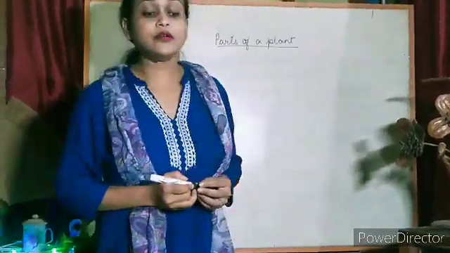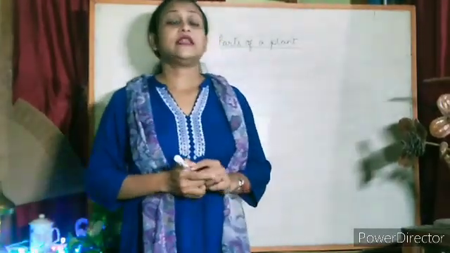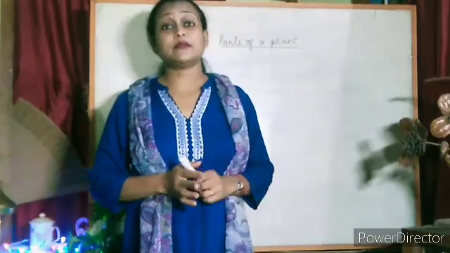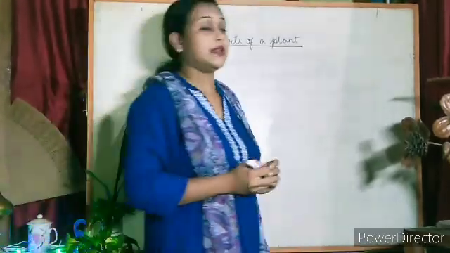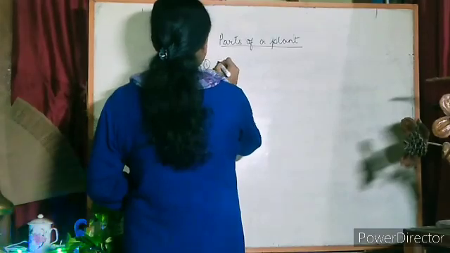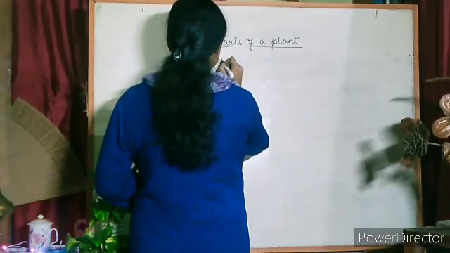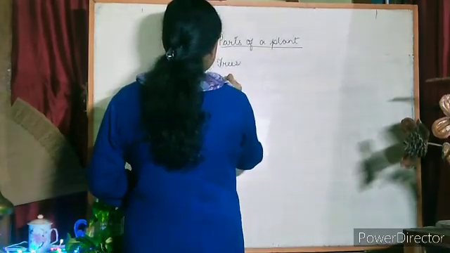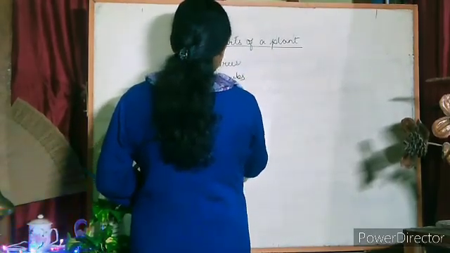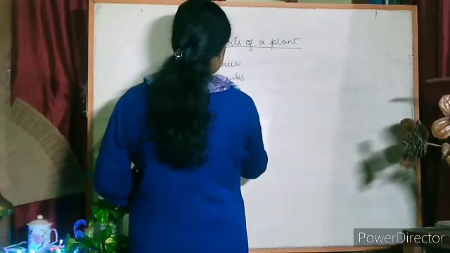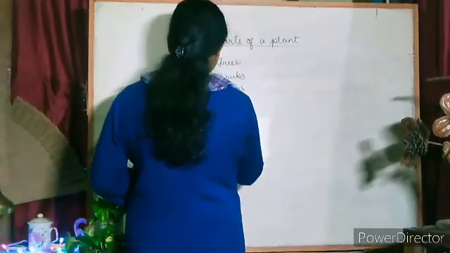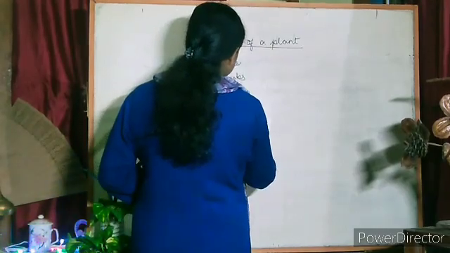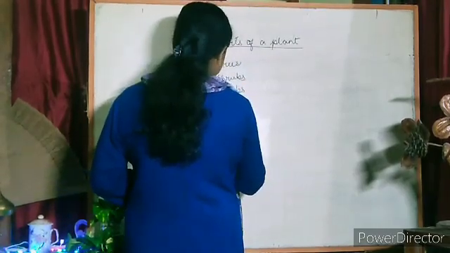Before discussing the parts of a plant, we have seen plants everywhere, and we know that plants are of different types, for example trees, then shrubs, herbs, creepers, climbers.